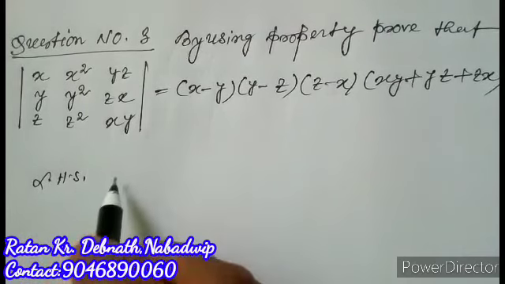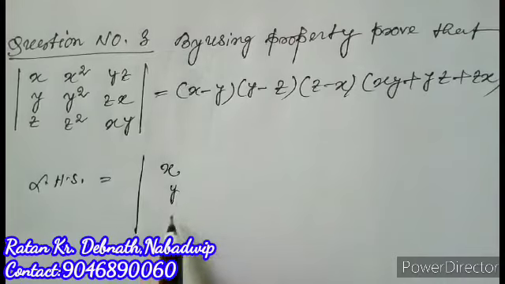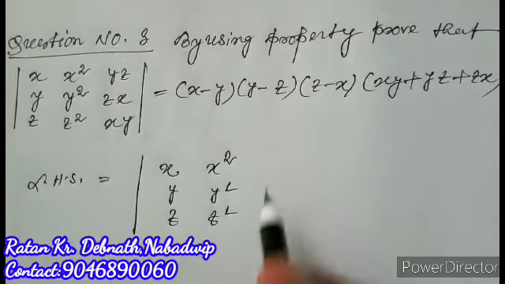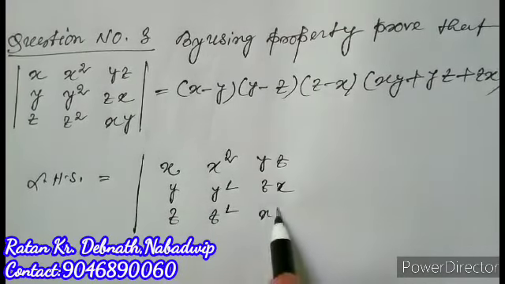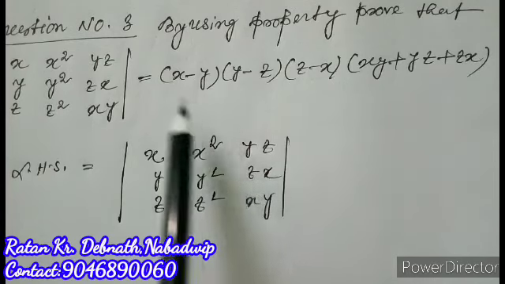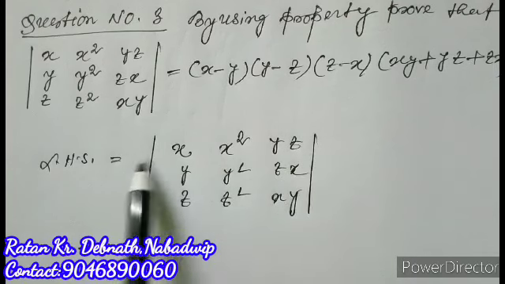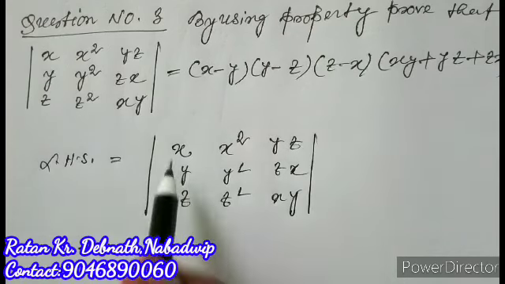LHS: x y z, x square y square z square, yz zx xy. You have to predict what to do by viewing these results. I can take a common factor from the first row if I subtract the second row from the first one.